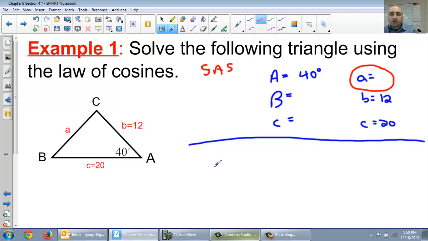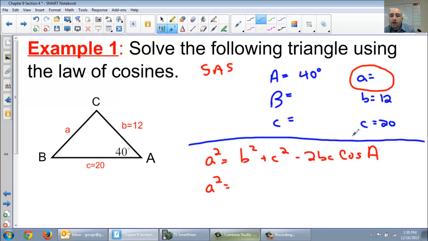So we're going to use the formula that starts with little a squared, and we finish this off with b squared plus c squared minus 2bc cosine of whatever letter's on the left. That's the angle we use on the right. And the only angle we have is A, so that's why we're using angle A. Basically all we're going to do is plug in everything we know.